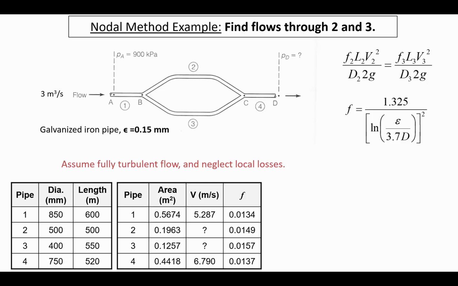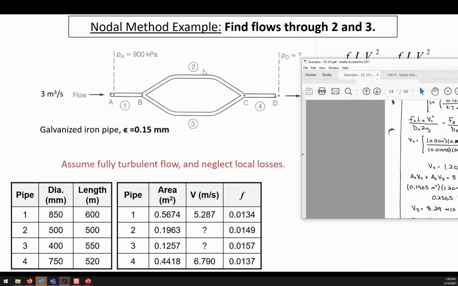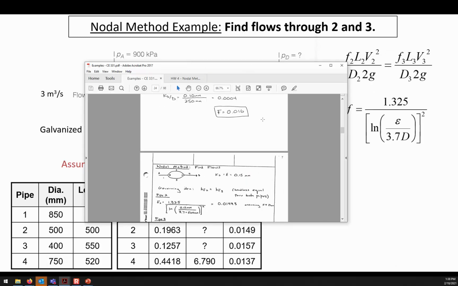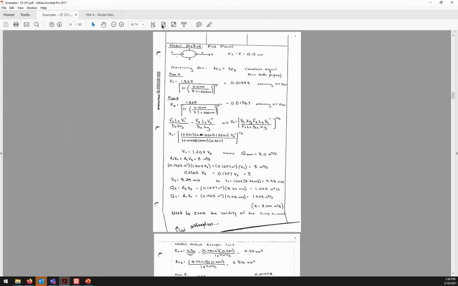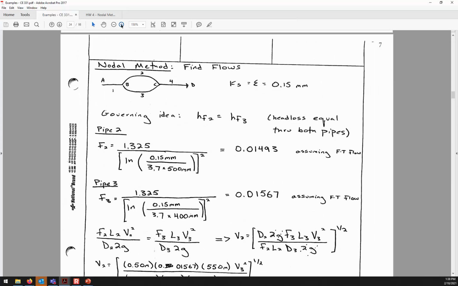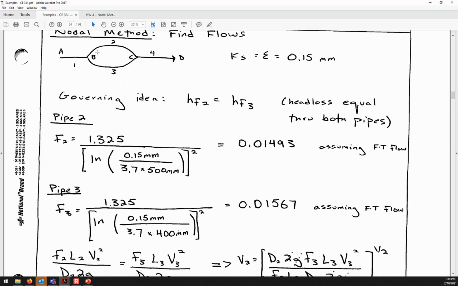All right, so let's take a look at the calculations for the F values. I think I have the calculations I can just drag over, and we'll take a look at it together. All right, so we've got pipe 2 and pipe 3. Our governing idea is that the head loss through either route is the same.